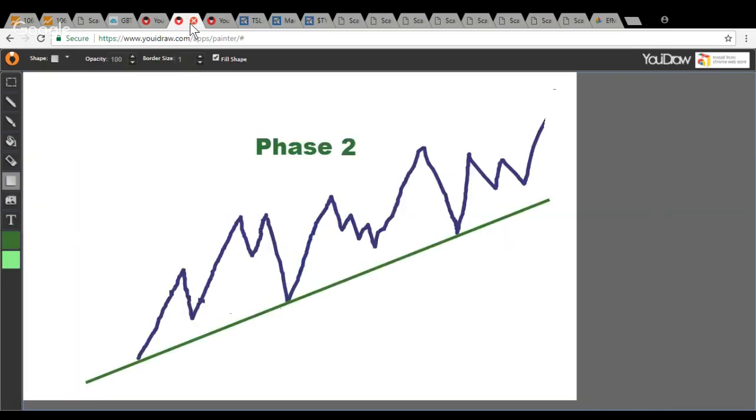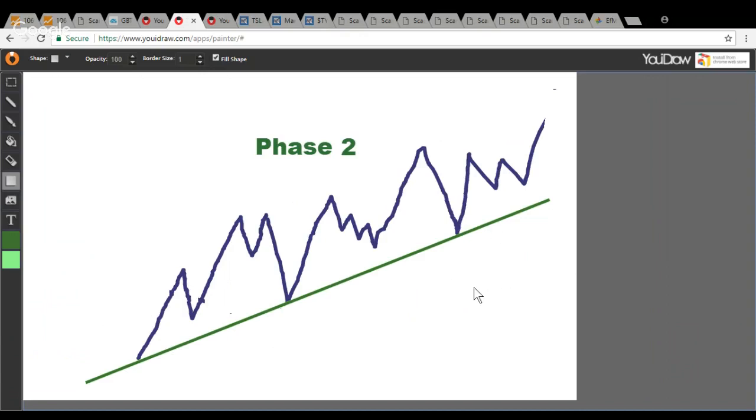Phase 2 often happens. In other words, after something has gone sideways for a long time, generally speaking, if it's a profitable corporation or if it's a commodity where demand is growing, or if it's an index made up of country stocks where the country's GDP is growing, you get a phase 2.